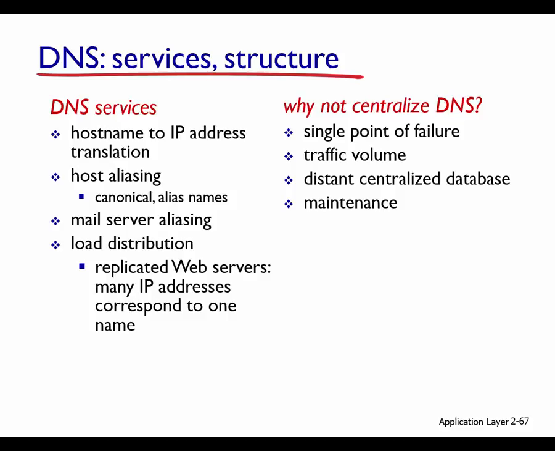You'll see this a lot when we do the Wireshark lab, where the real canonical names for a lot of actual hosts are a lot more complex than the simple CNN.com. Mail servers themselves have special aliases as well that the DNS keeps track of.